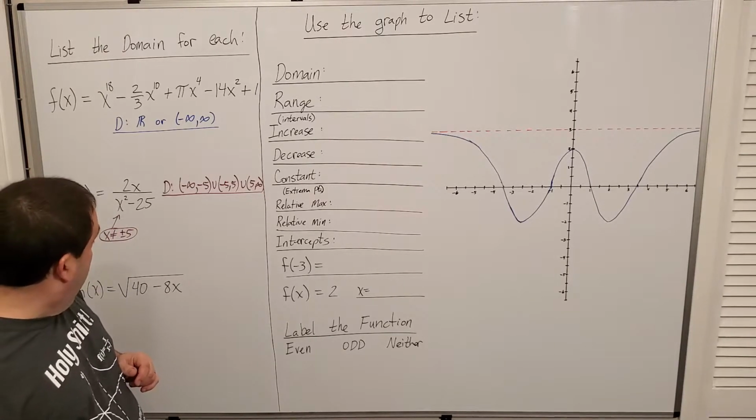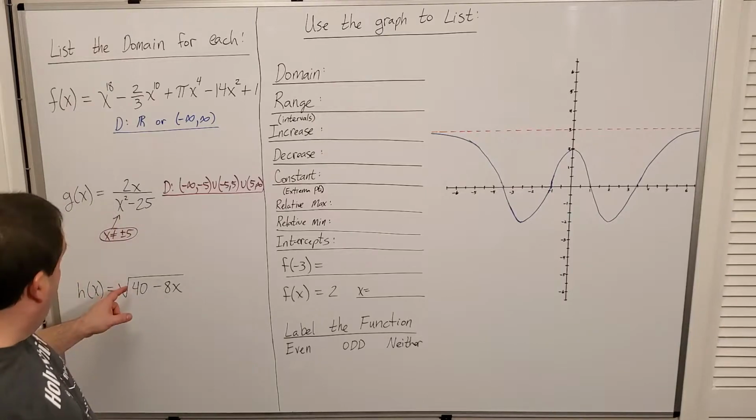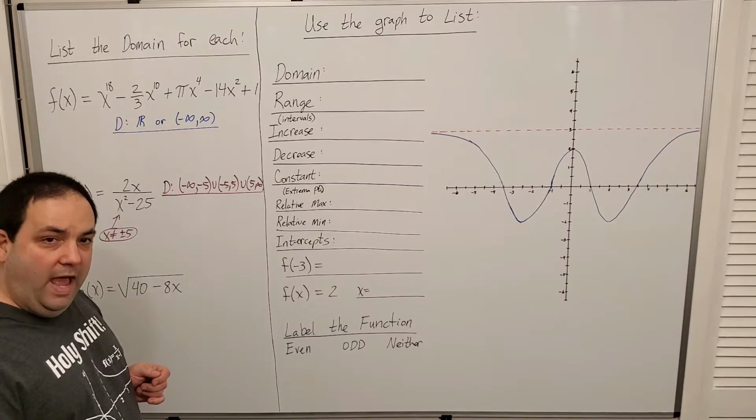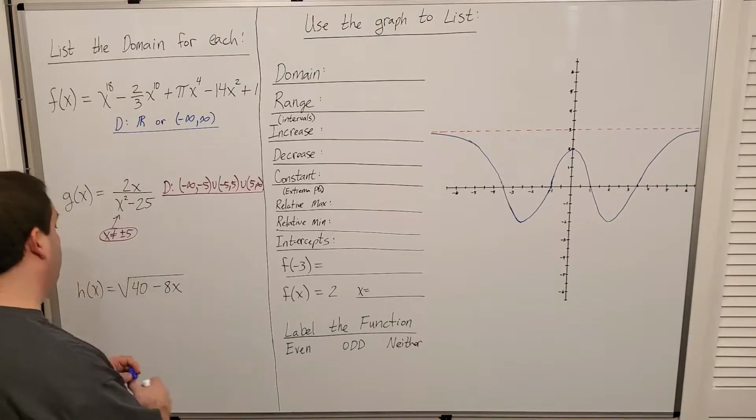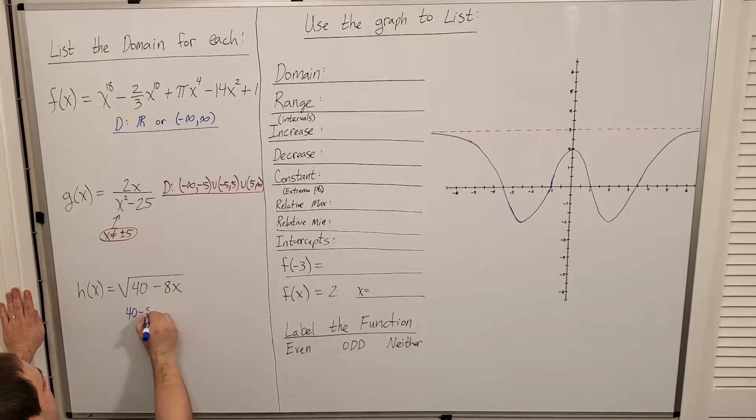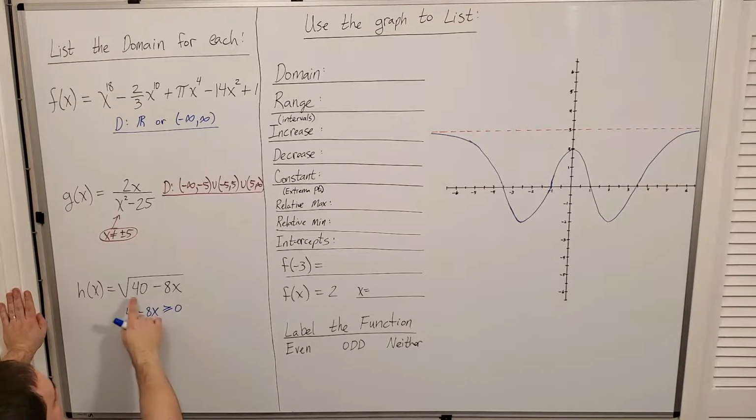Okay, and then the last guy here, the square root's big red flag is, of course, we don't want to square root negative values. So I would use the inequality 40 minus 8x has to be greater than or equal to 0. Whatever's inside the radical, the square root can't be negative. So greater than or equal to 0 says non-negative.